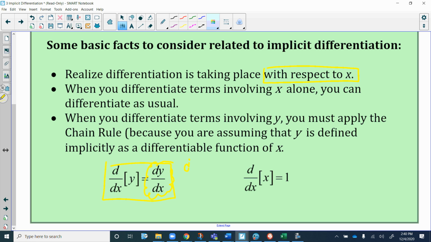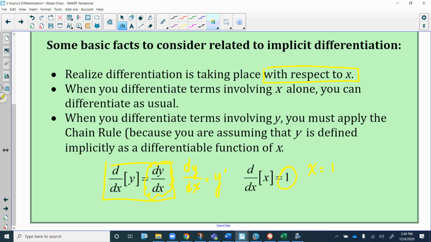But I typically am going to get lazy and say dy dx is just y prime, and I'll show my derivative that way. So here, on the right, d dx with respect to x, that's just like when I take the derivative of 1x, that's just 1. That's why it goes to that.